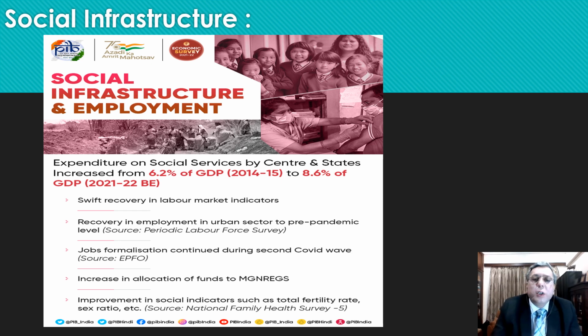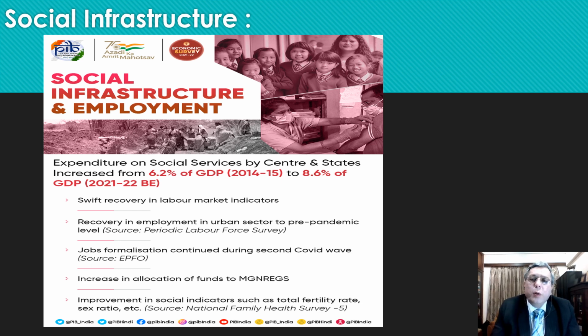Increase in allocation of funds to the Mahatma Gandhi rural employment generation schemes, where public works are undertaken and labor is given daily employment in all the districts of India.